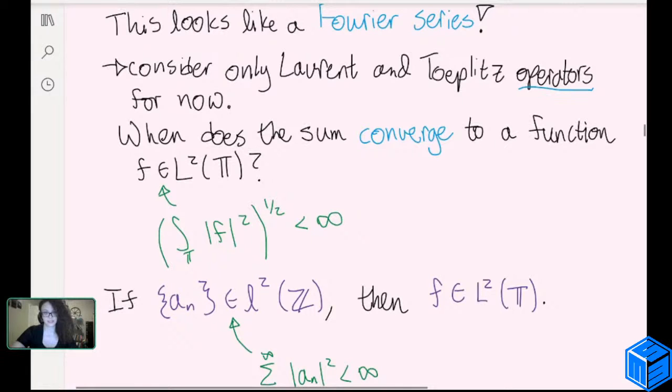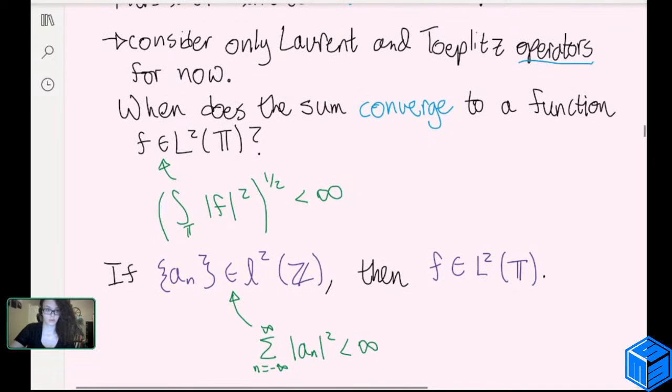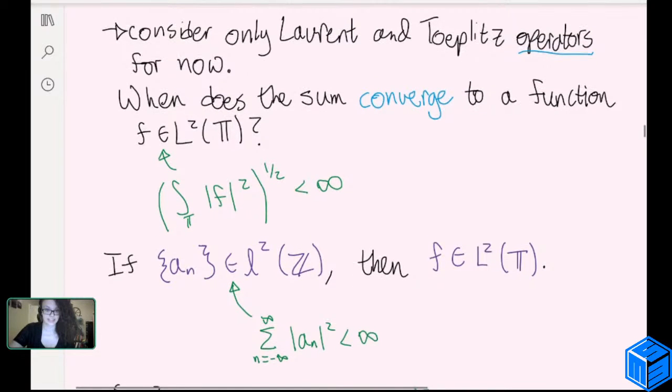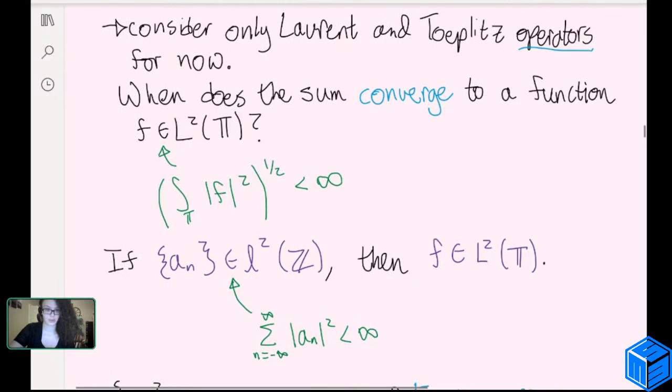So this sum is going to converge to a square integrable function when these coefficients, the sequence of coefficients, is in the space of square summable sequences. So this little l2 of Z, that just means that if you take all of the sequence elements, take their absolute value and square them, then sum them together, if you have a finite number, then you are going to have a square summable sequence.